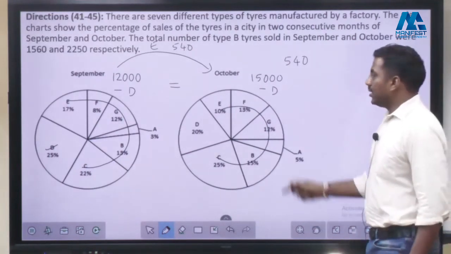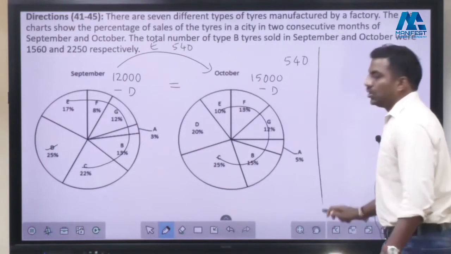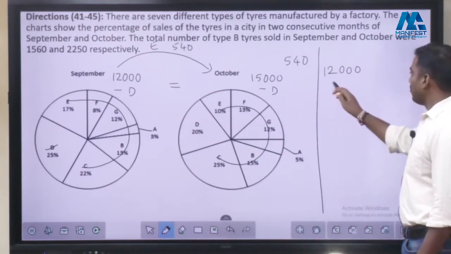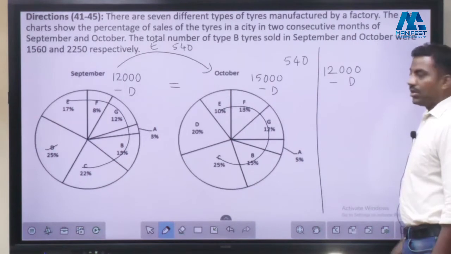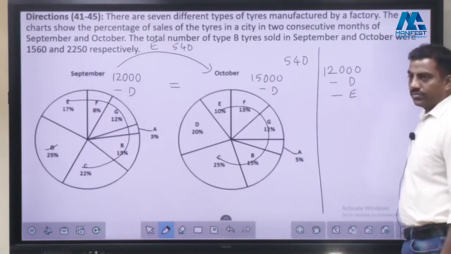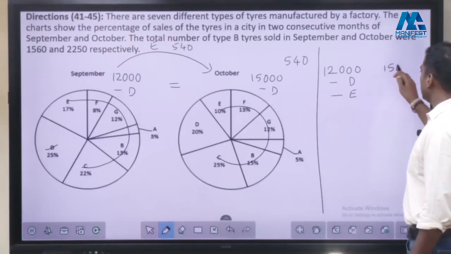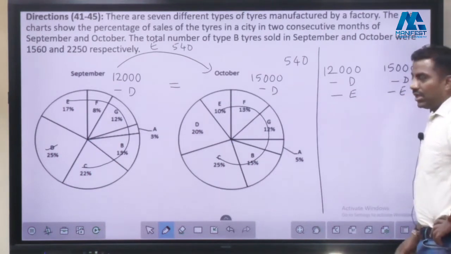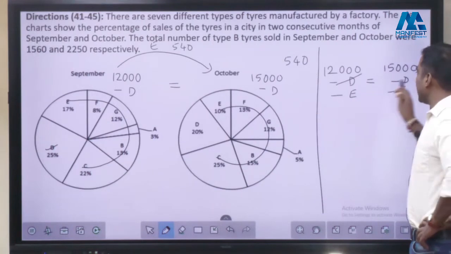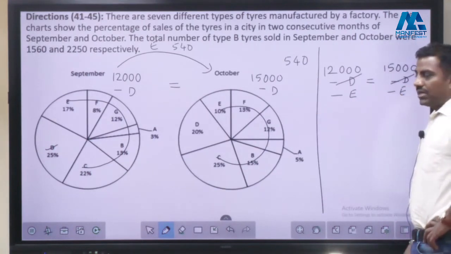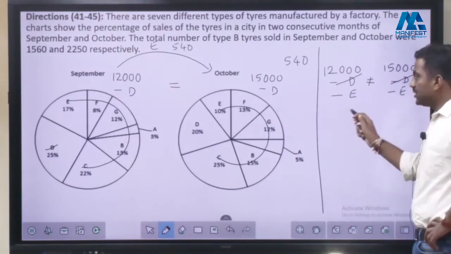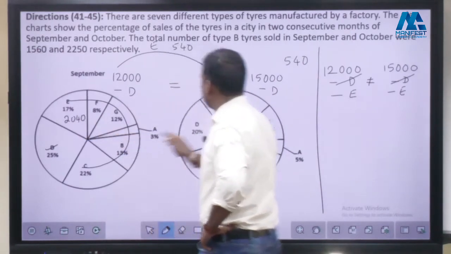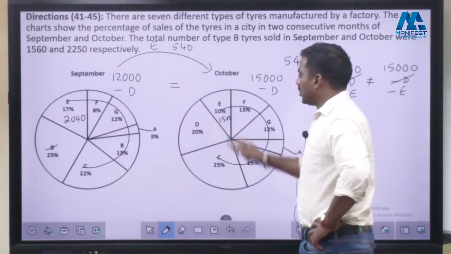Now, if you take only E, 12,000 minus D, you take minus E also, 15,000 minus D minus E. If you want to equate, DD get cancelled, but actually this is not equal, because in this case E was only 2040 and in this case E was 1500.